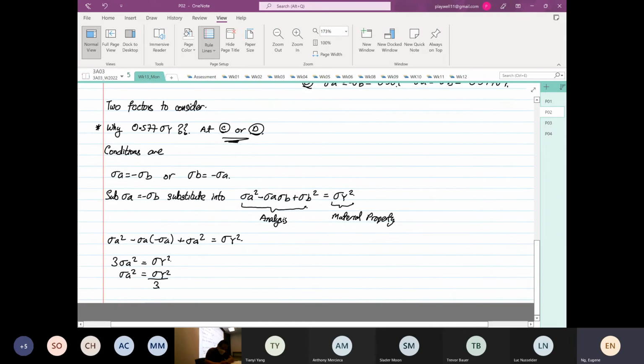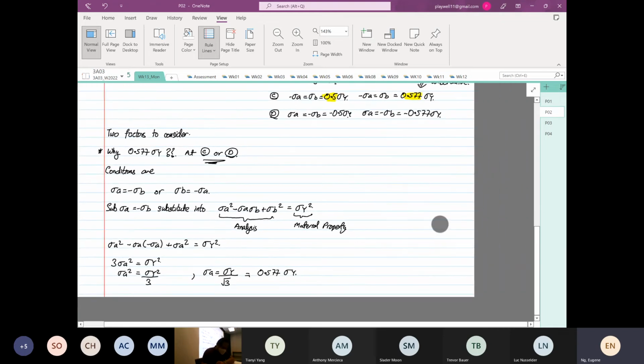And finally, sigma A is equal to sigma U divided by square root 3. So 1 divided by square root 3 is equal to 0.577. Okay. So this is the first thing. We have done one factor.